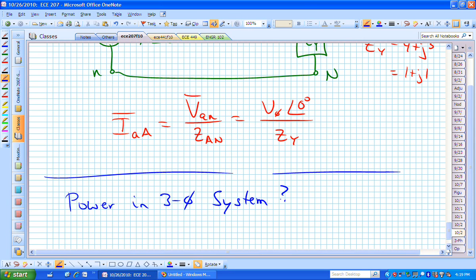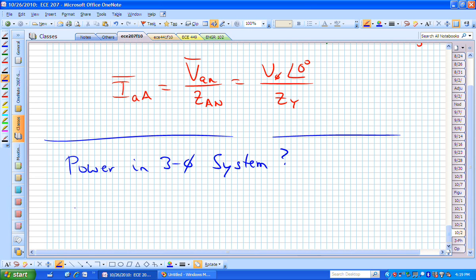So if you wanted the complex power of the total, I might say, let me find the complex power of the A phase. And we've listed several of these. In this case, we had no impedance between the source and the load, so the voltage across the load is the source voltage. So this would be V sub AN.